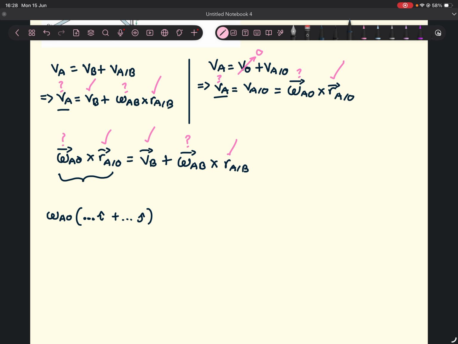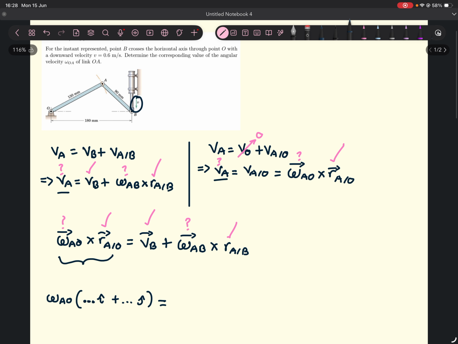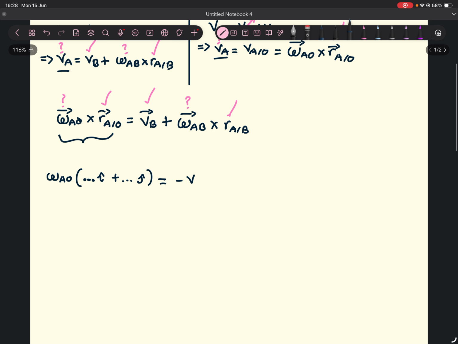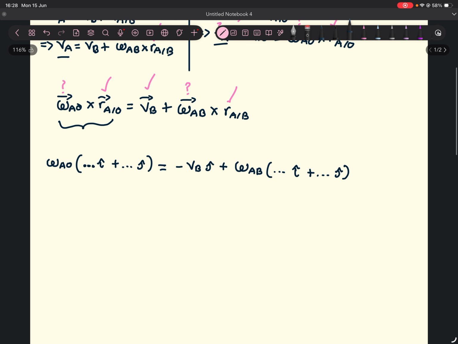And that will equal VB, and VB is only acting in the j direction, so minus VB in the j direction, plus again omega AB multiplied into something i hat plus whatever j hat.